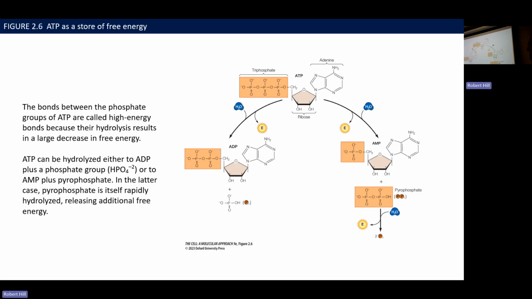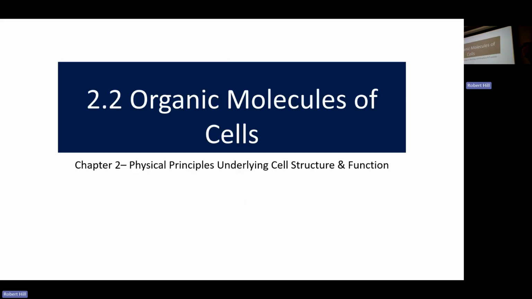Now, we call these things something else as well. For specifically ATP, we'll call the hydrolysis event just dephosphorylation, and we'll call the dehydration synthesis event phosphorylation. So when you're moving phosphates, you're also moving energy.